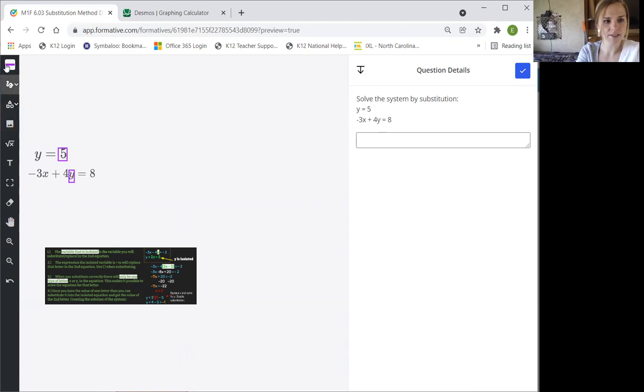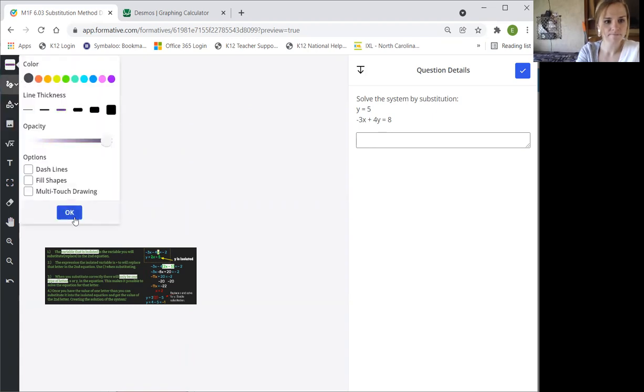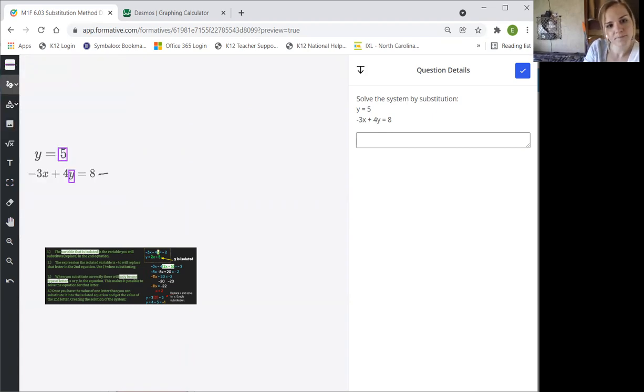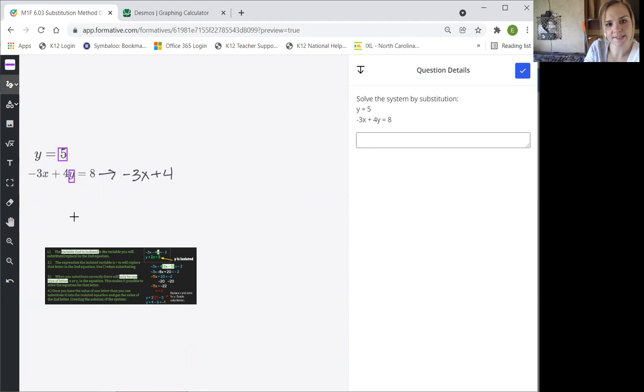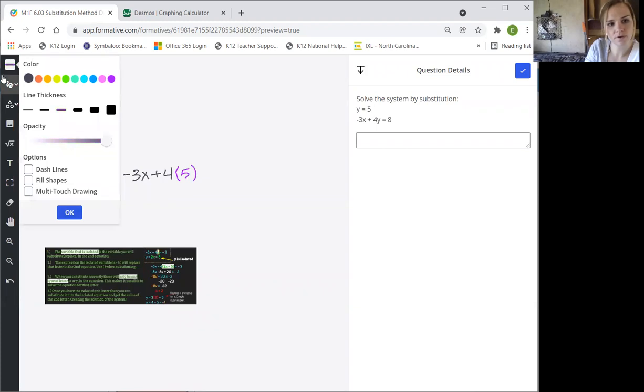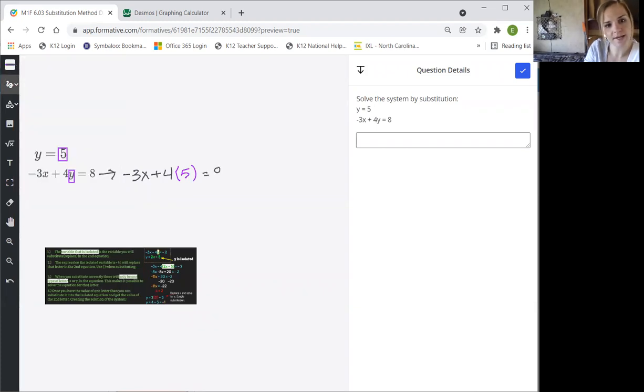So what that looks like is negative 3x plus 4, and we want to replace that y value with 5, equals 8, and then we're going to solve for the x value.